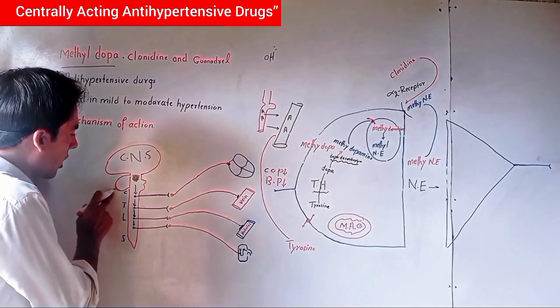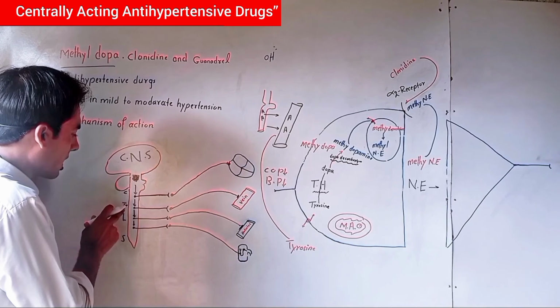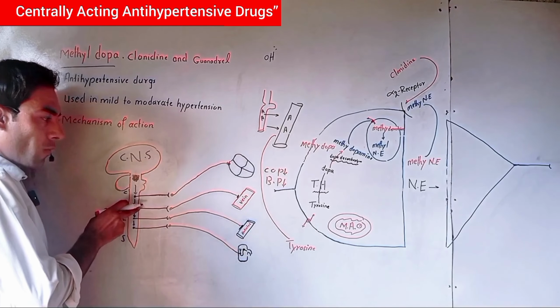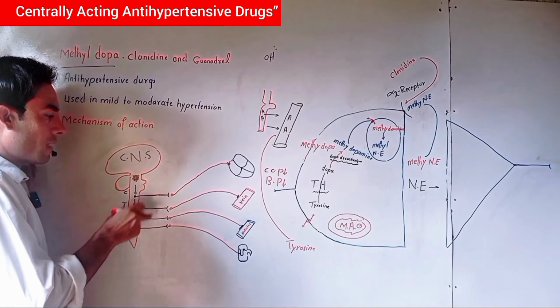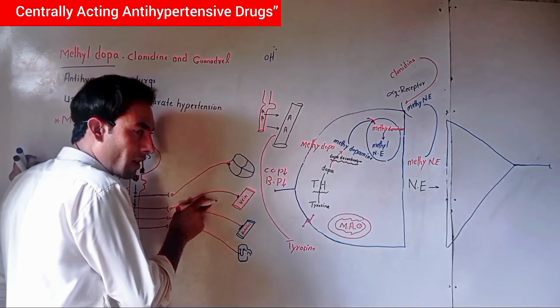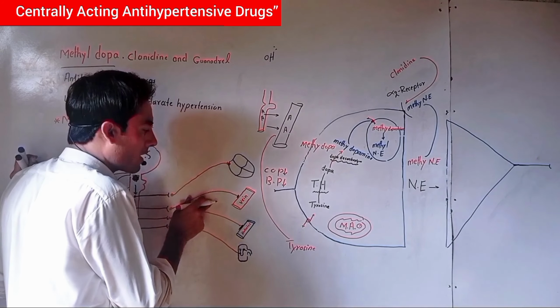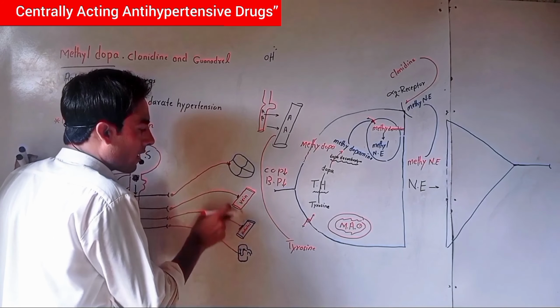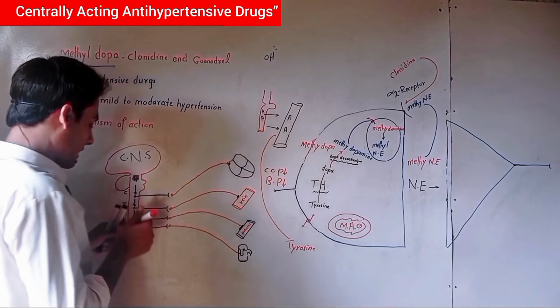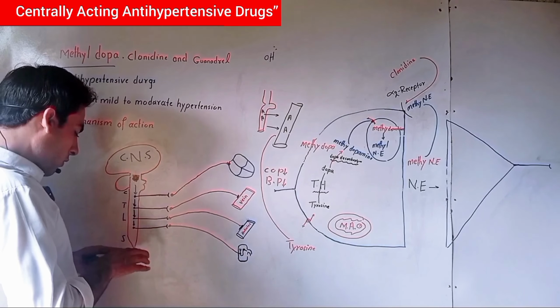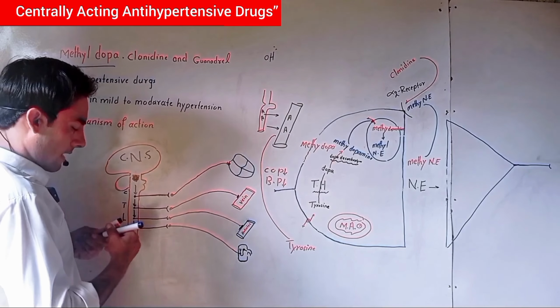Another function: when the vasomotor area is inhibited, thoracolumbar outflow is inhibited and the neurons going toward the smooth muscle of the vessel are inhibited. As a result, vascular tone is inhibited.